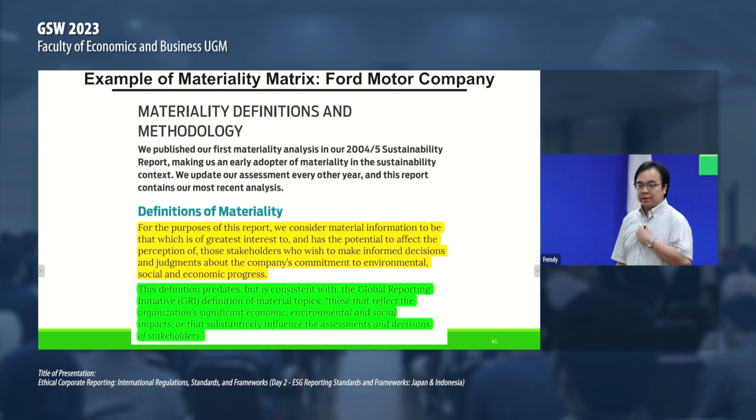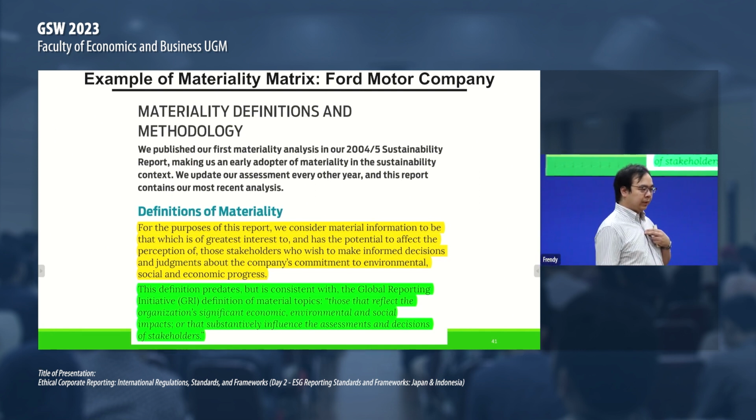So let's see how this concept is applied. Okay, let's use an example of a report published by Ford Motor Company. All right. So this is the introduction part of the definition of materiality.